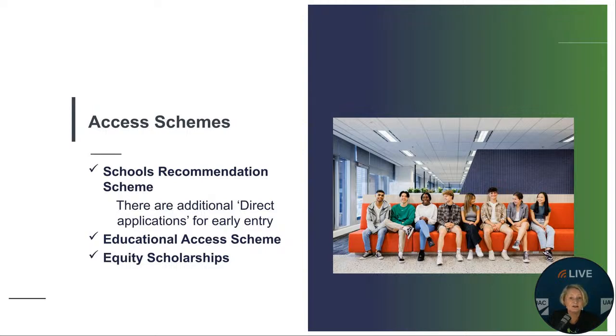Next up, I'd like to talk to you about the Educational Access Scheme. This is a special consideration scheme for students who experience difficulties through years 11 and 12, and it is recommended that you read through each one of these circumstances that may relate to you.